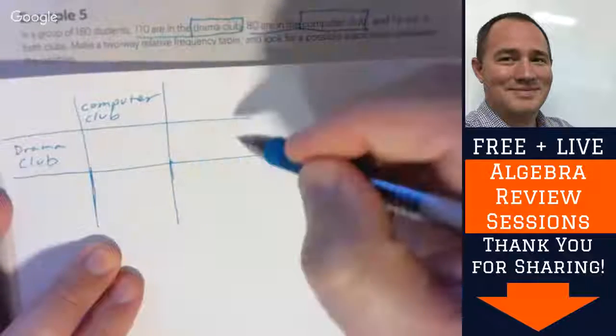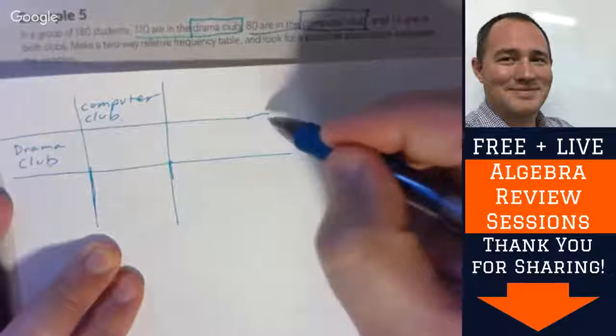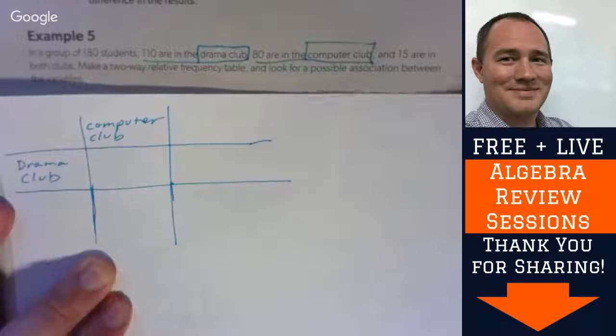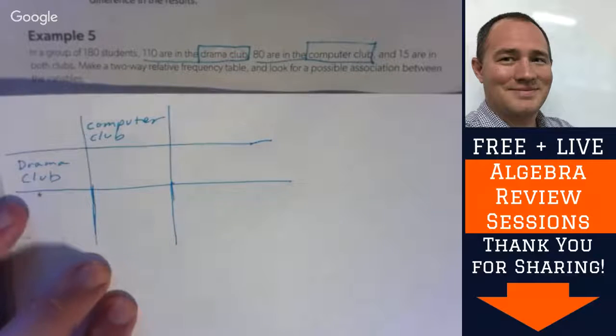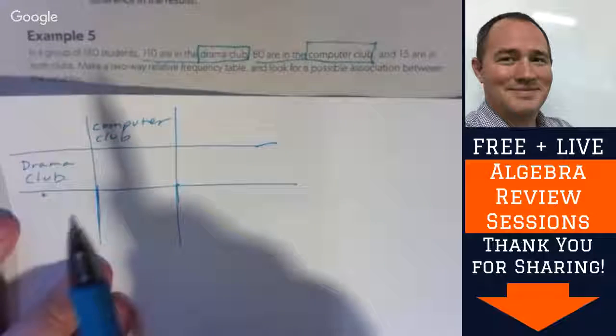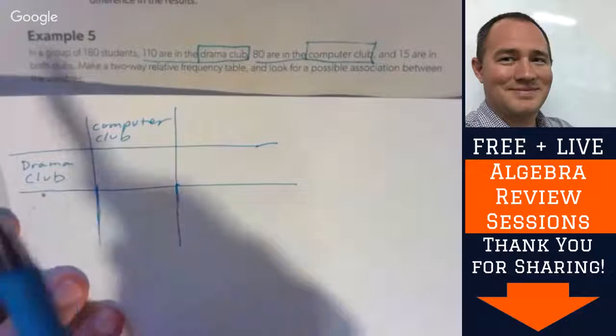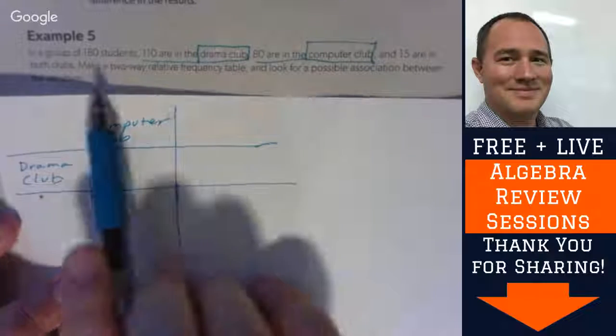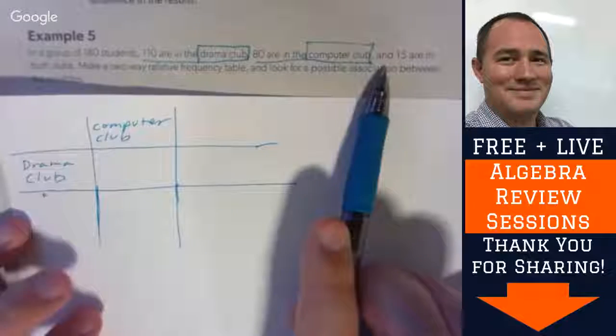So this is the trickiest part, I think, is to just set this up. And part of the tricky part of establishing what these headers are going to be on the rows and columns is because it doesn't really explicitly tell you what this next category is going to be.